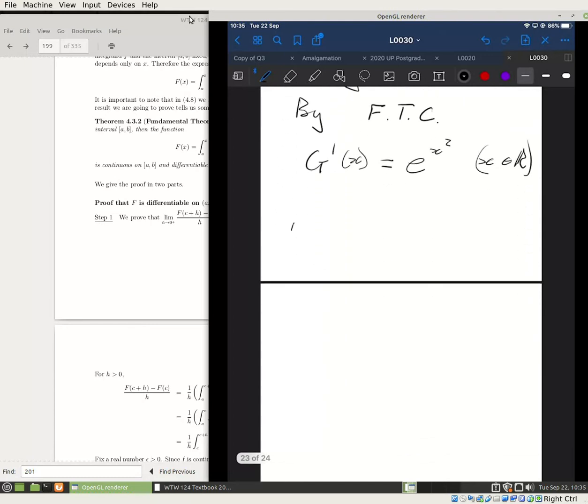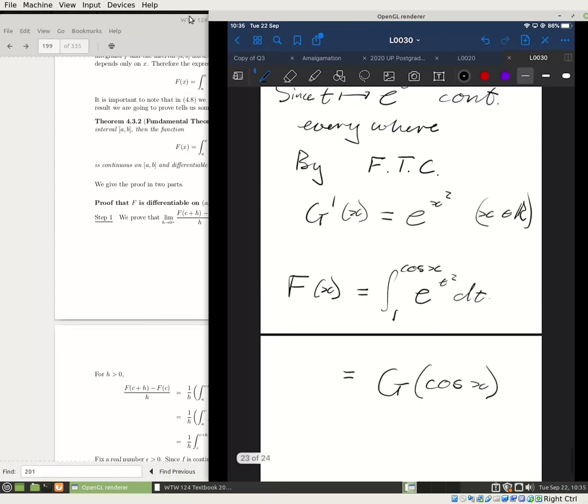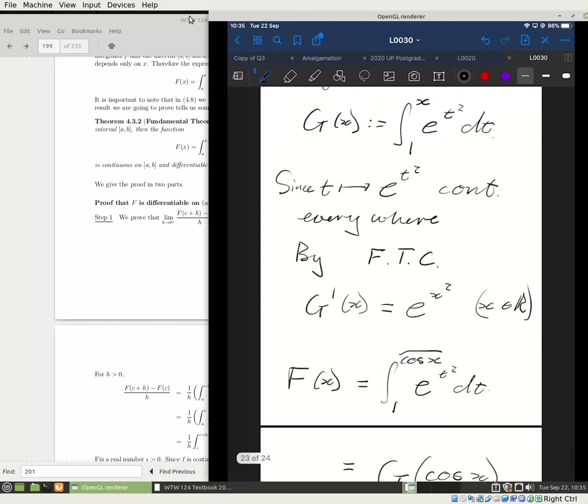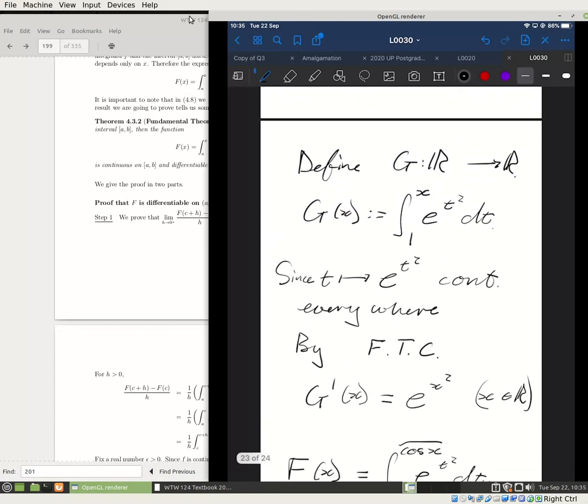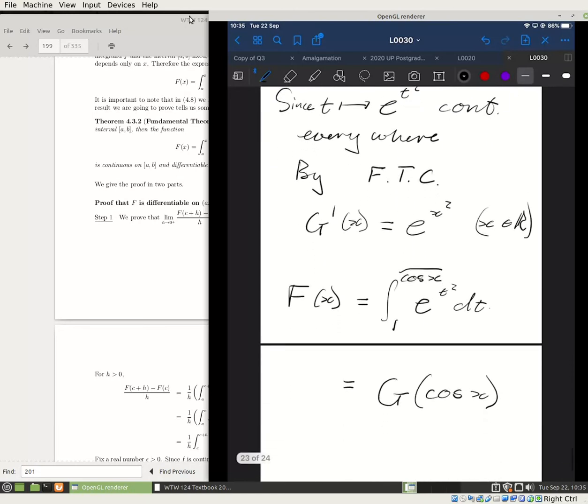So F of x, that is the integral from 1 to cosine x of e to the t squared dt. But this is g composed with cosine x. So here we have replaced the x there.